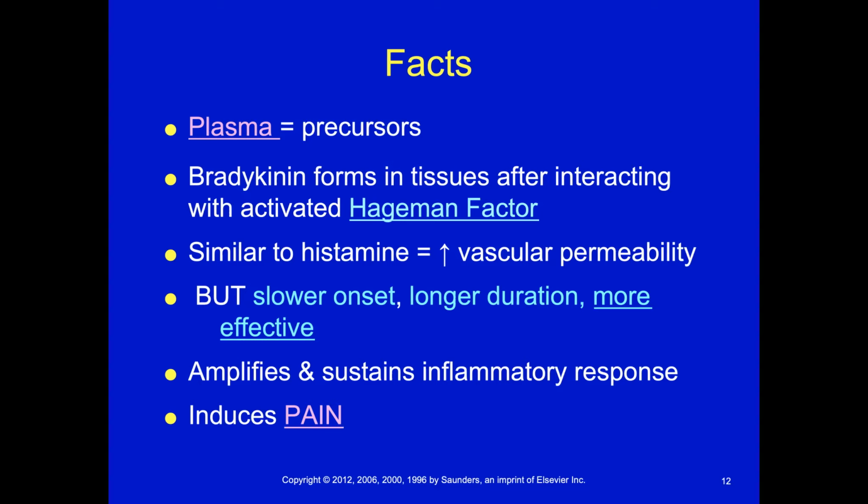As a matter of fact, it's considered the best of all the mediators in being able to do that. But because of all the activation steps, there's definitely a slower period of onset. However, you do have that longer duration, and in this case, bradykinin is more effective than histamine. So basically, it amplifies and sustains the inflammatory response. The other thing that bradykinin does is it induces pain.